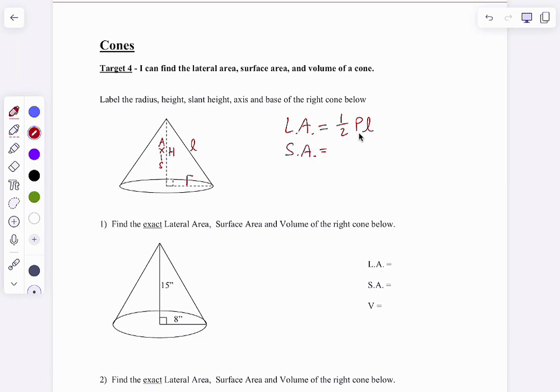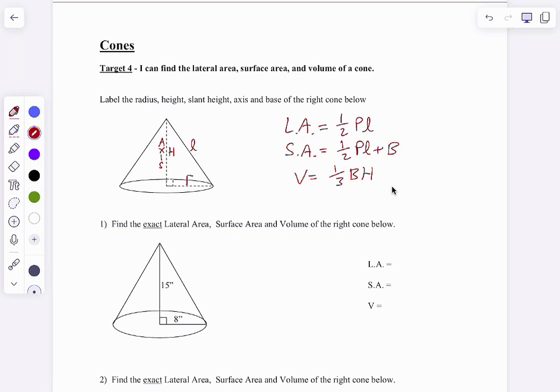For surface area, it's 1/2 PL plus B. And then for volume, it's 1/3 capital B times capital H. And I don't think we need to keep writing this down, but P is perimeter of the base, capital B is area of the base. If you feel like writing those down, you can, but those haven't changed.